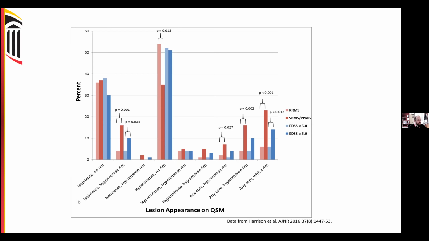What you can see is that lesions with that pattern, that isointense core with a hyperintense rim, a much higher proportion of those are seen in patients with progressive forms of MS, and a much higher proportion of them are seen in patients with a higher disability score. And you see sort of the opposite with just this typical hyperintense center with no clear rim on the outer edge of it.